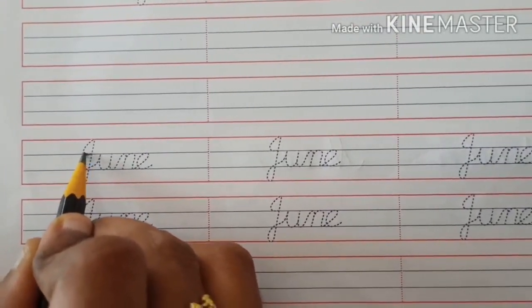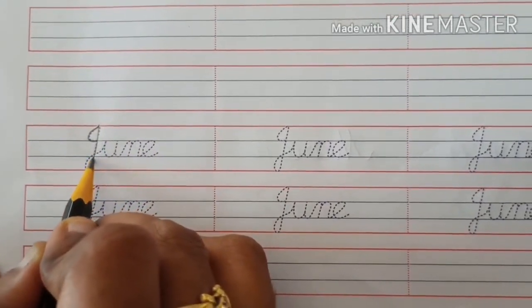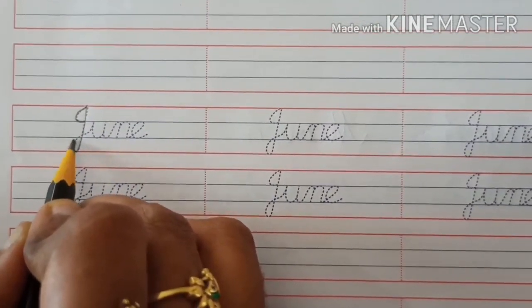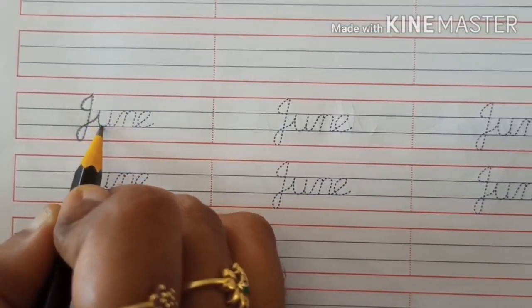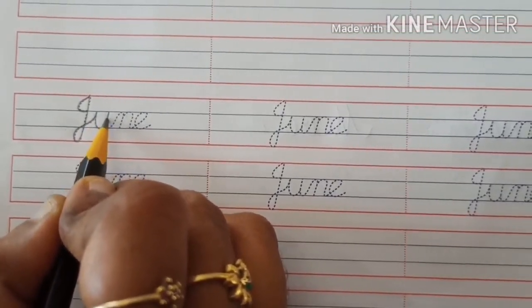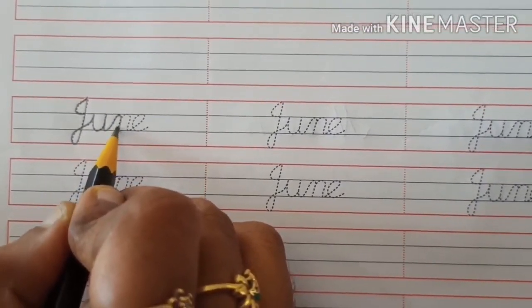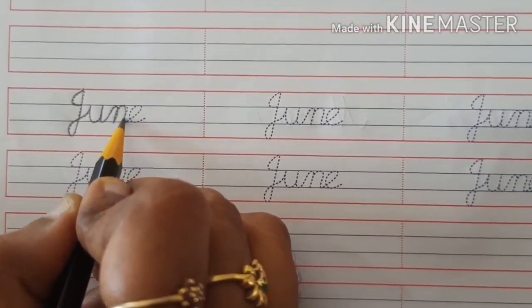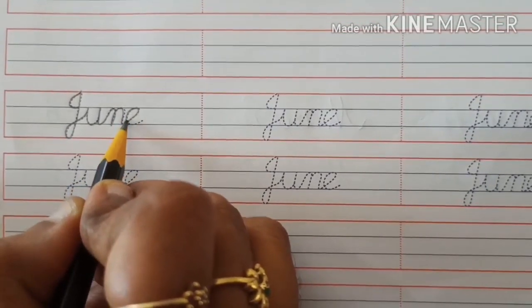June, J, you start from midline, touch top line and come to the bottom line, one small loop. U, you touch mid and baseline. N, you should touch mid and baseline. E, you should touch midline and baseline.